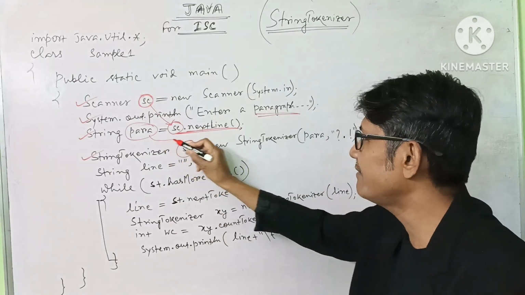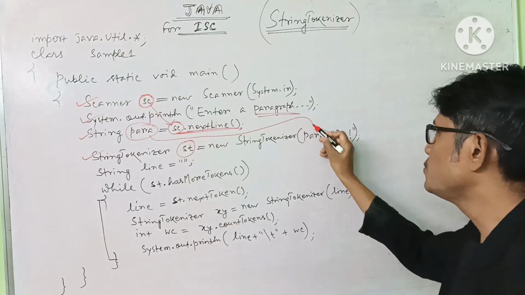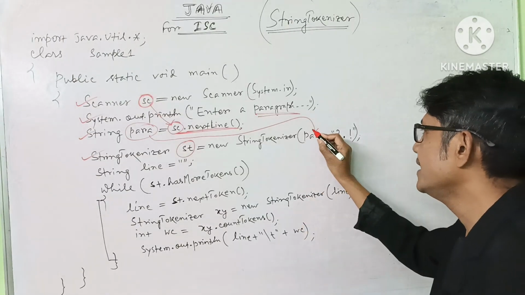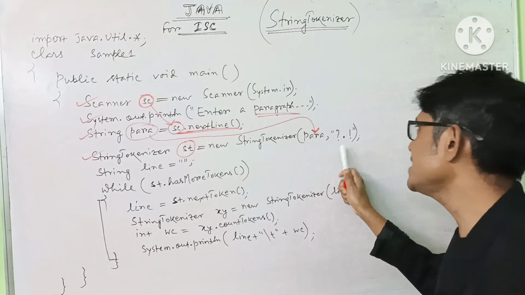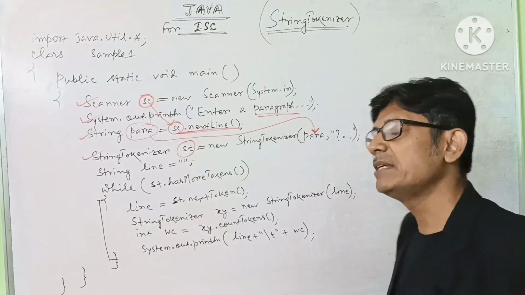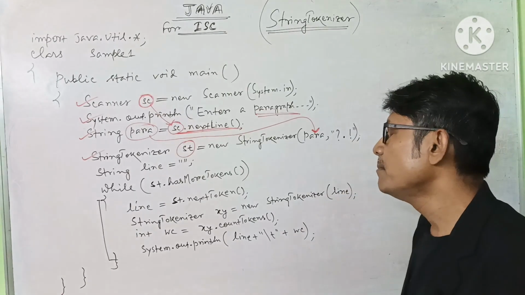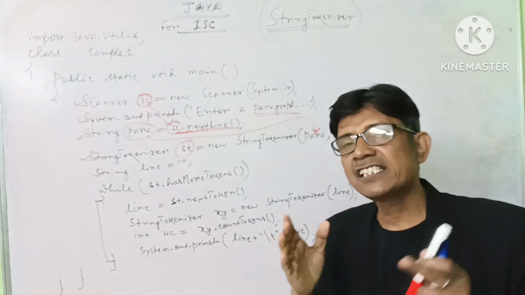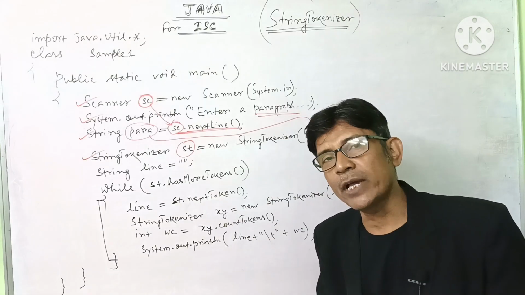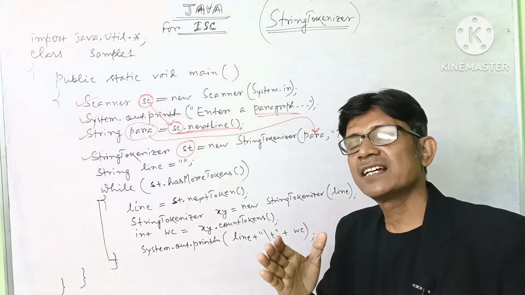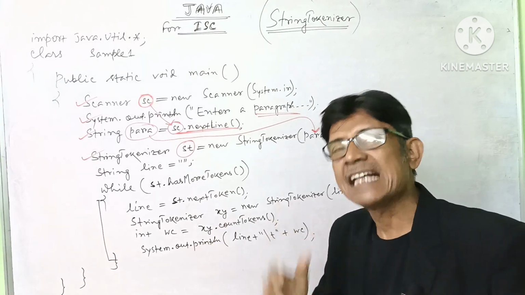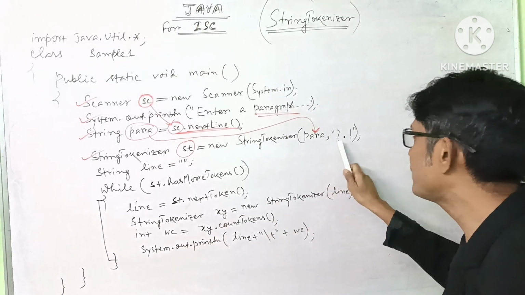Now this paragraph we are using here as the parameter, and we are giving one instruction to the computer. These are the parameters. StringTokenizer will split the sentence or the paragraph as tokens.